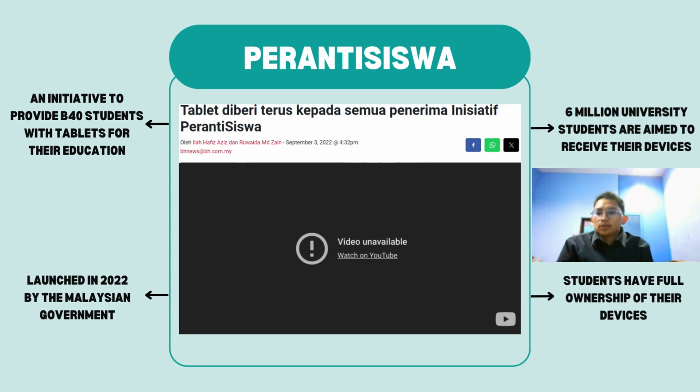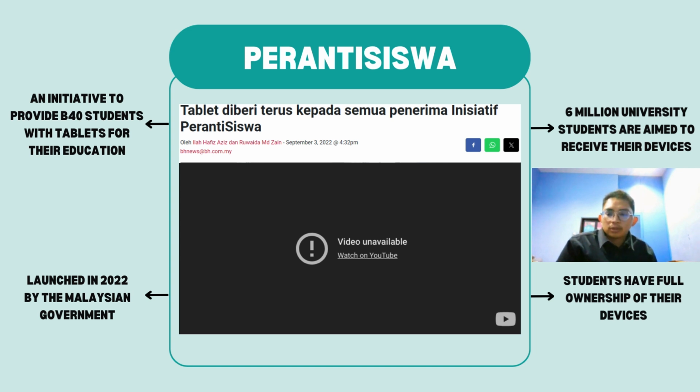This initiative was launched in 2022 by the Malaysian government as an effort to help students with their accessibility to learning materials and to enhance their learning progress.